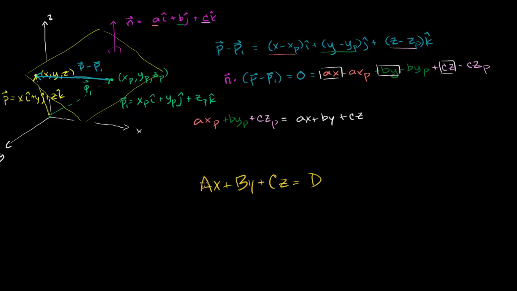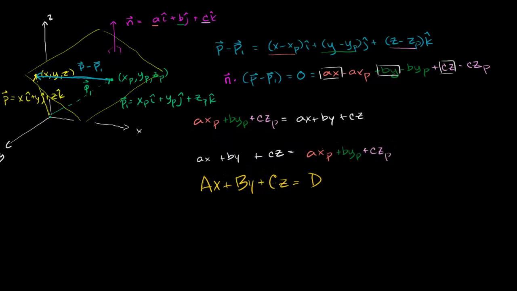Well, this ax plus by plus cz is completely analogous to this part right up over here. Let me rewrite this so it becomes clear. This part is ax plus by plus cz is equal to all of this stuff on the right-hand side. So I just essentially flipped this expression.